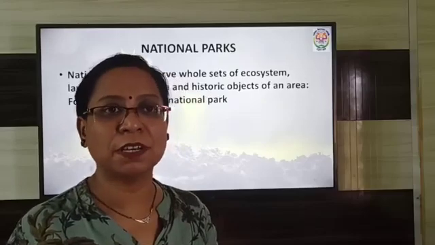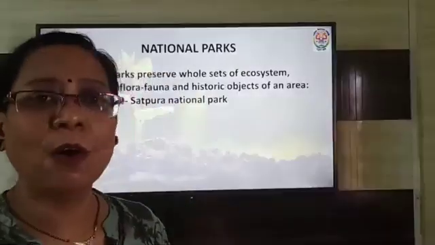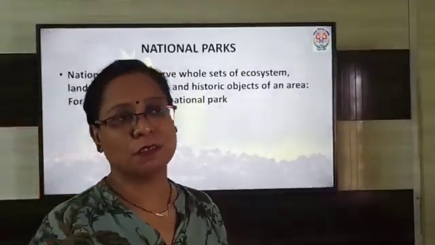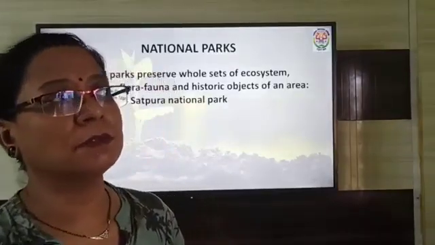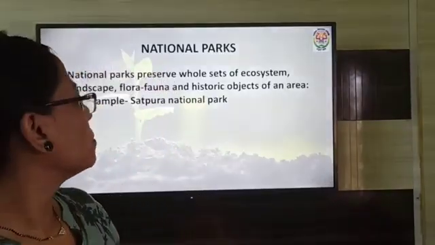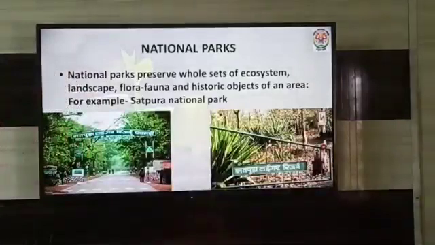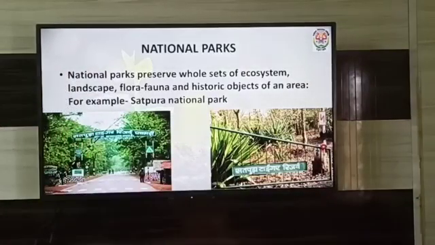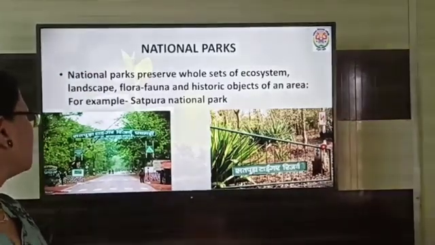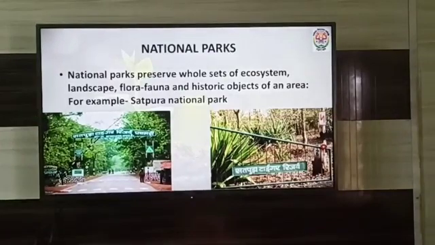Everything is preserved as it is, along with some historical monuments which are of use. This is the gate of Satpura Tiger Reserve in Pachmarhi, which is the first tiger reserve in India, I think.